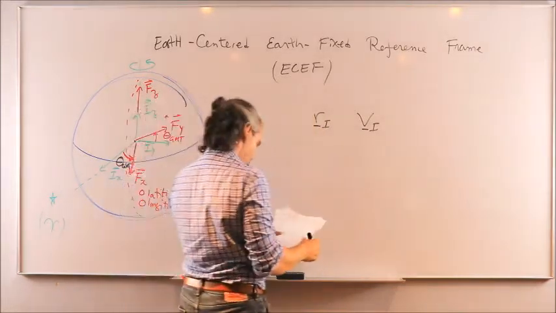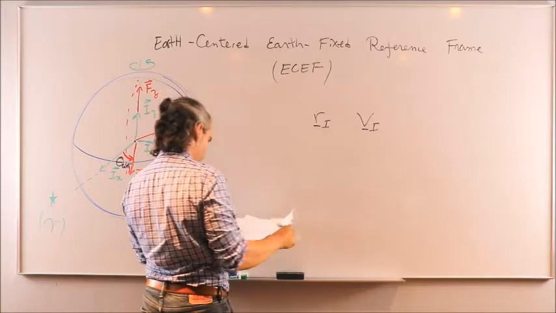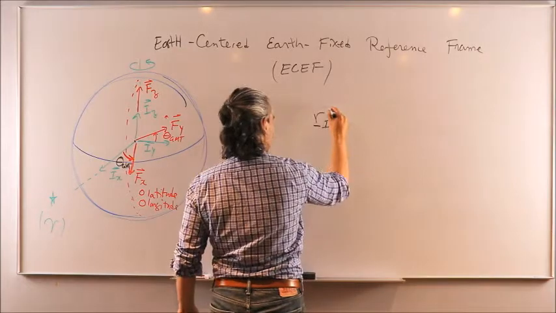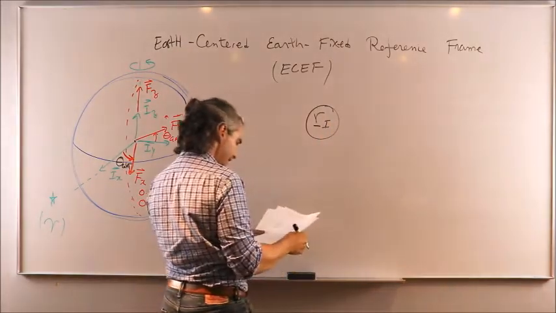Okay? So the way to do it practically, well, actually, we don't even need the X, Y, Z components of the velocity. All we need is position components in ECI.